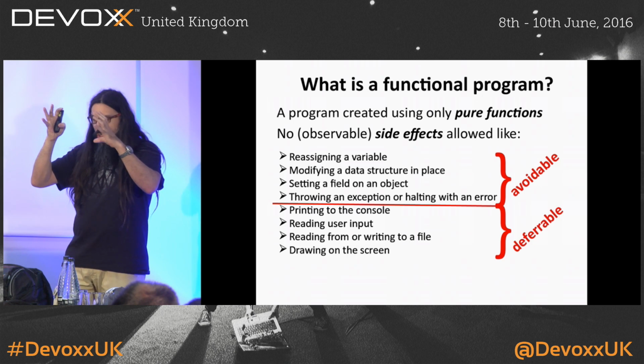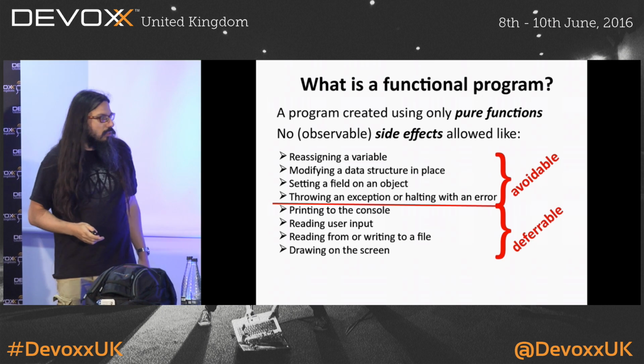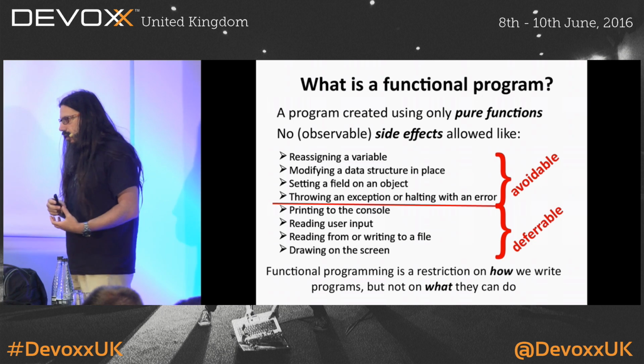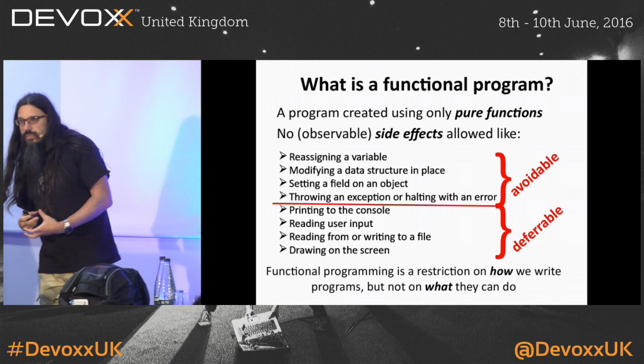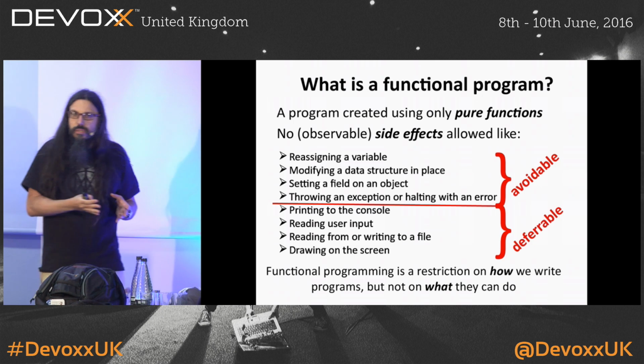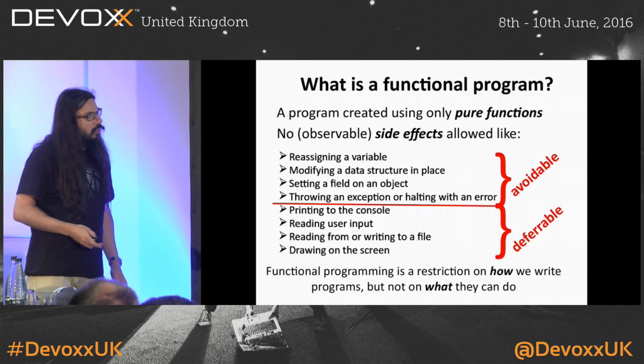But the core of your program can be pure functions. So this means that functional programming is a restriction, but not a restriction on what you can achieve, but on how you can achieve it.